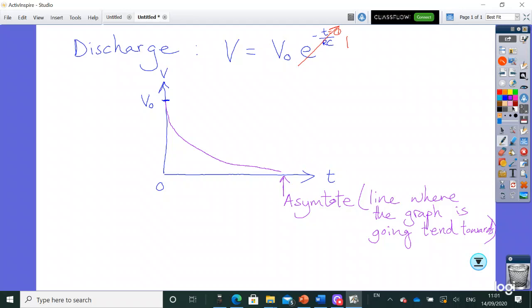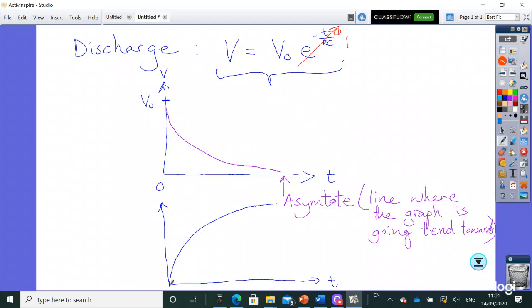So, here's the big question from last lesson. What would the charging of a capacitor characteristics look like? Well, I didn't draw it, but your head should be thinking it's got to be the opposite. So the question is, what do I do to these equations to make this just flip upside down?